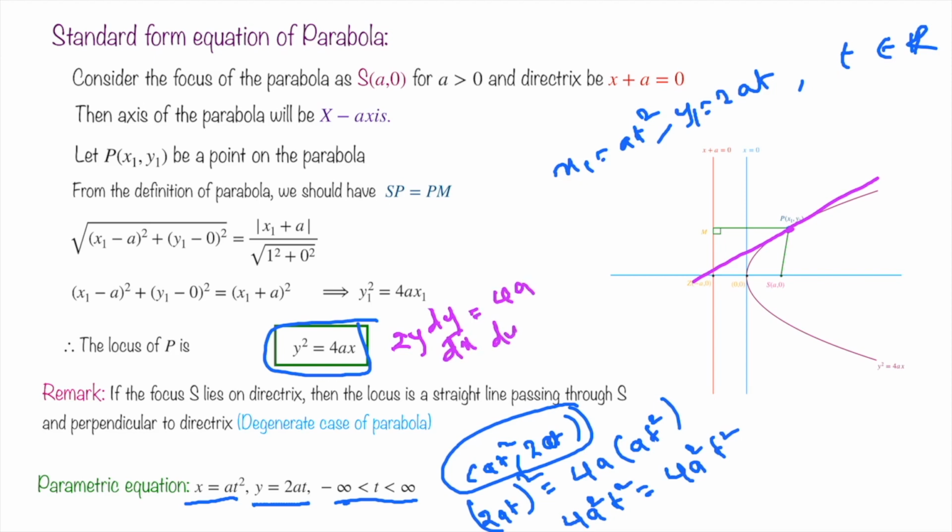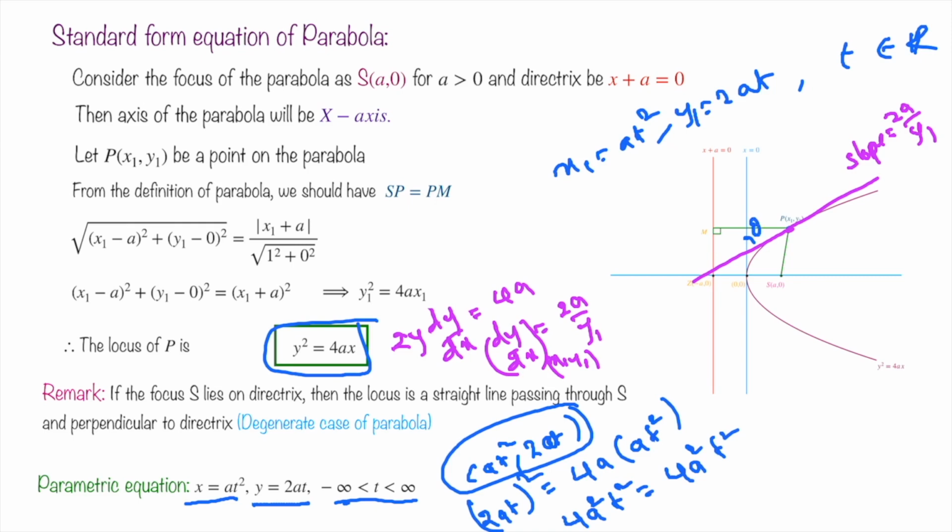That implies dy by dx is going to be 2a by y. So the slope at (x1, y1) is going to be equal to 2a by y1. So the slope of this tangent is 2a by y1. Now let me say this tangent makes some angle with the y-axis, let's say theta.